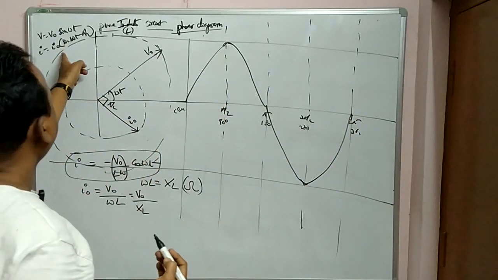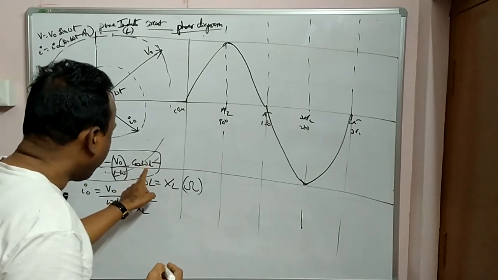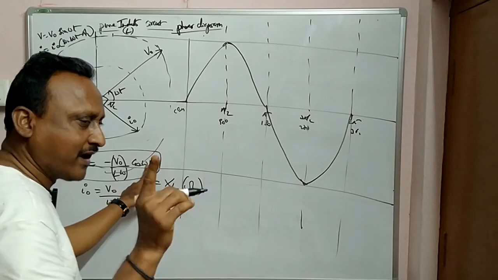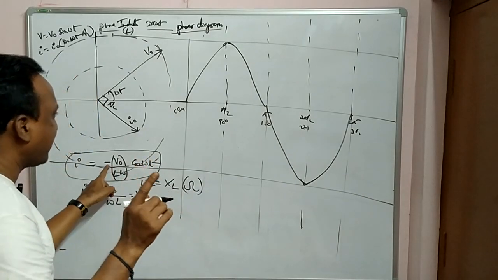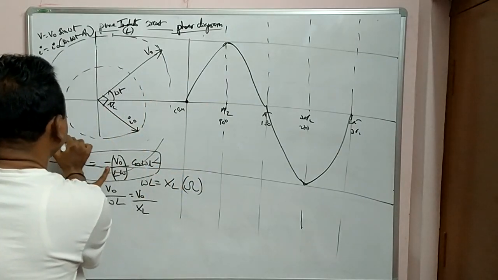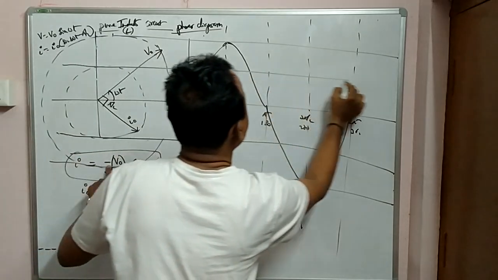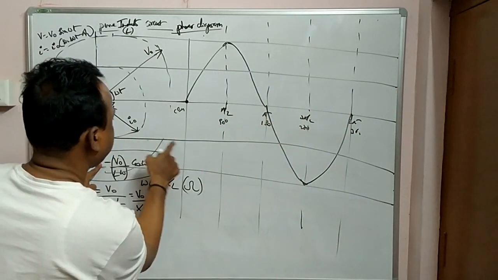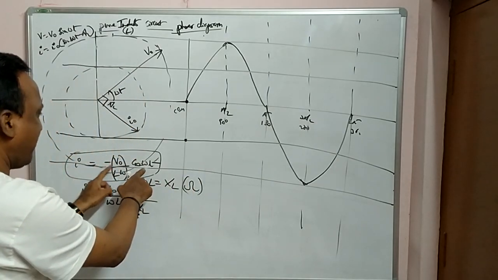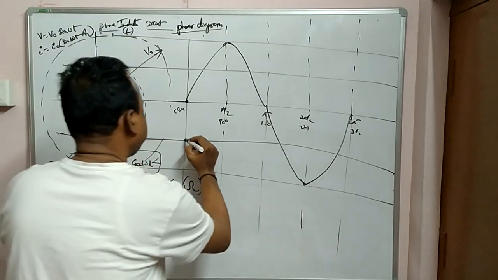Now coming to the current, what is minus cos theta? If you put 0 here, cos 0 is 1, and with the minus it is minus 1, so the graph won't start from here, it will start from here. This is the peak value of current. It starts from minus 1, because cos 0 is 1 and with the minus it starts at minus 1. Then cos 90 is 0.